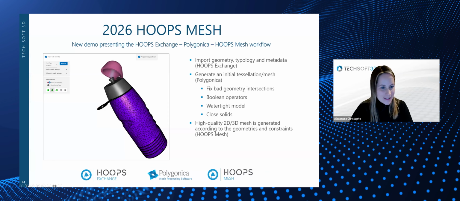Next slide, please, Jonathan. Something a little bit different is coming this year as well. We are right now working on a bridge between the CAD and the CAE worlds. So basically, we will have a bridge between OOPS Exchange, Polygonica, and OOPS Mesh. A few words just to give you a quick example of how it will work. We will import some geometry and topology with OOPS Exchange on the CAD side.